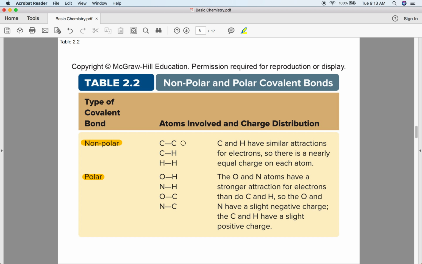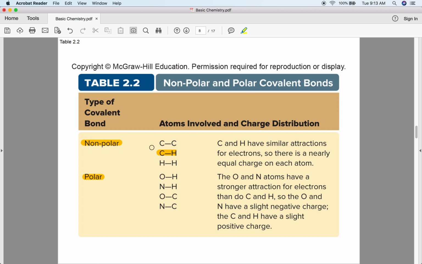Nonpolar covalent bonds exist between the same atom, like a carbon-carbon bond or a hydrogen-hydrogen bond, since those atoms have the same electronegativity. They therefore have no separation of charge. The other option, as we see here with carbon and hydrogen, is where the atoms have very similar electronegativities, so they share the electrons pretty equally, and there's no meaningful separation of charge around those atoms.